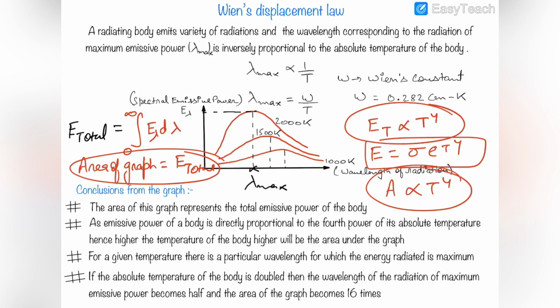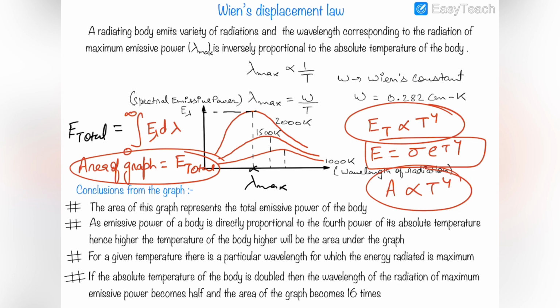Now, for a given temperature, there is a particular wavelength for which the radiation energy is maximum. I have already explained, and we know that if the temperature of the body is doubled, then the wavelength corresponding to the maximum emissive power becomes half, and the area under this graph will become 16 times, because it is dependent on T to the power 4.